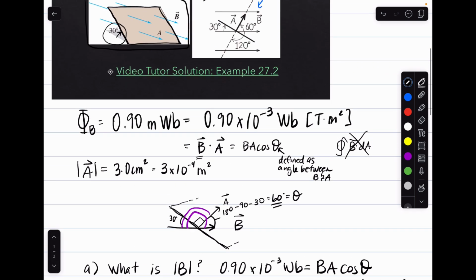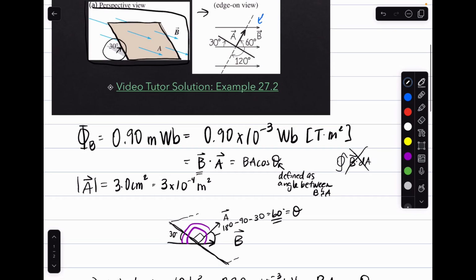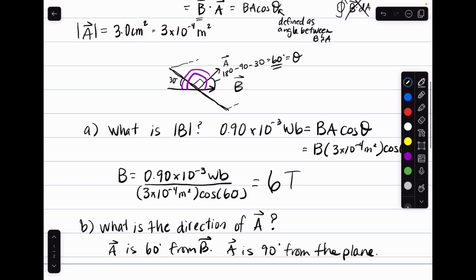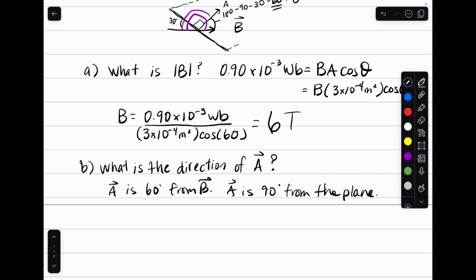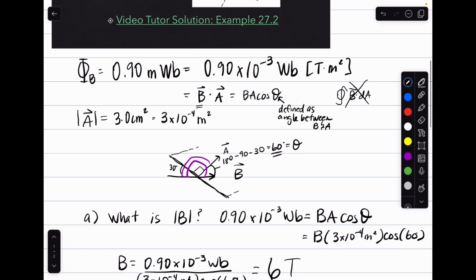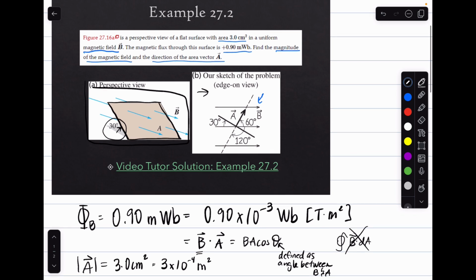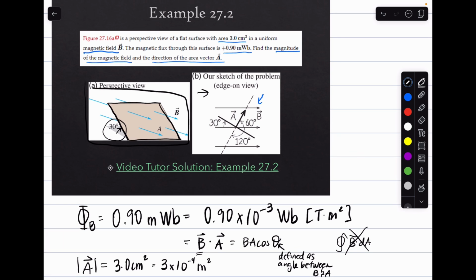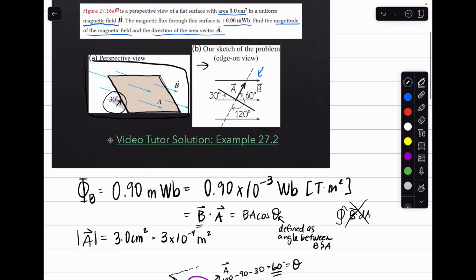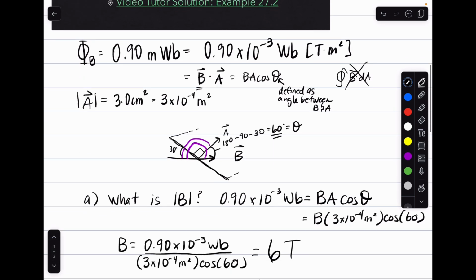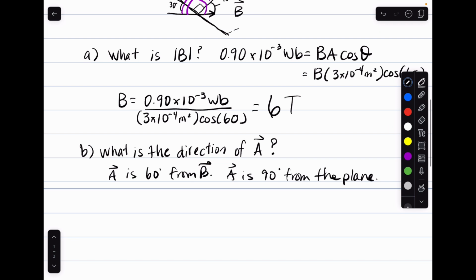That's pretty much all we need to describe the direction of A, because we don't have an XY coordinate system here, so there's no way to define the direction of A in terms of a coordinate system. We're just defining it in reference to other vectors in the problem. So that's basically the magnetic flux example.